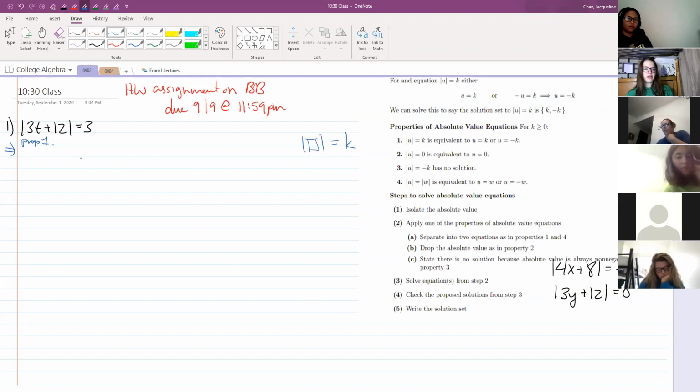Isn't it 3t plus 12 equals 3, and then negative 1 times the quantity 3t plus 12 equals 3?